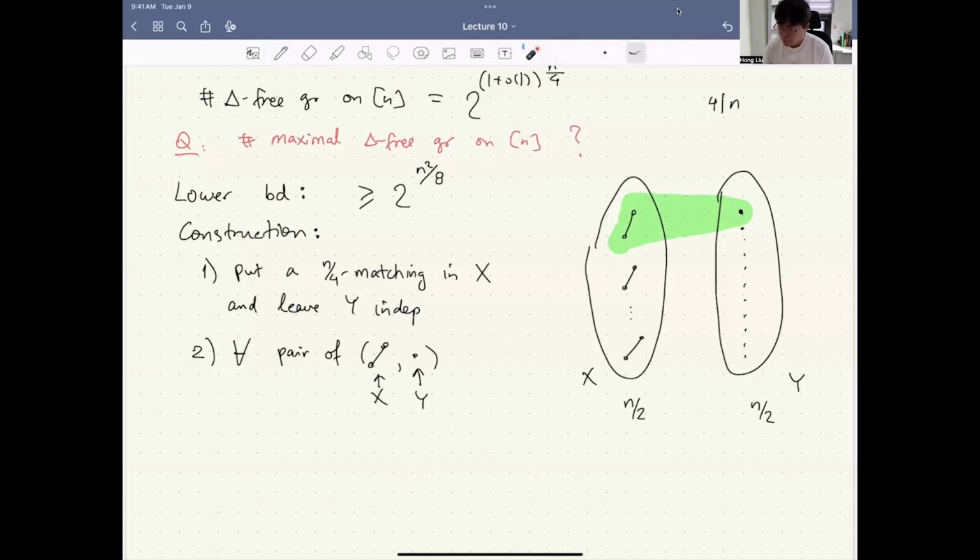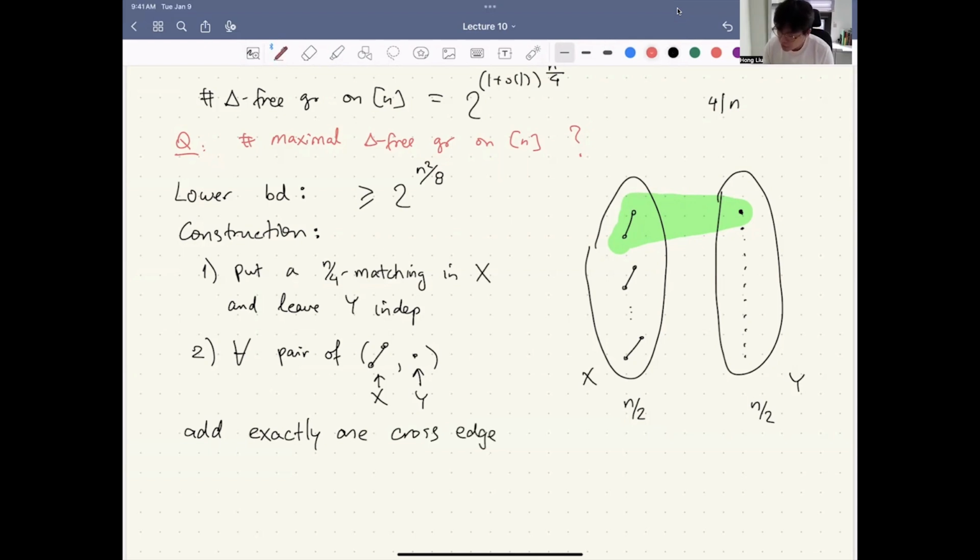We have two choices: add this edge or this edge. You cannot add both, you're going to create a triangle. We're going to add exactly one cross edge.